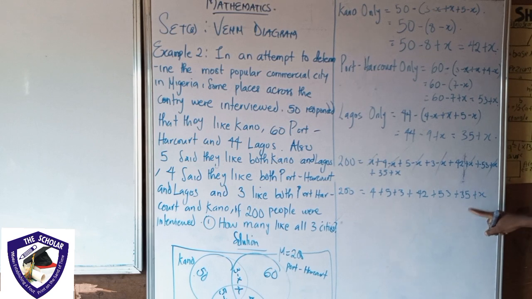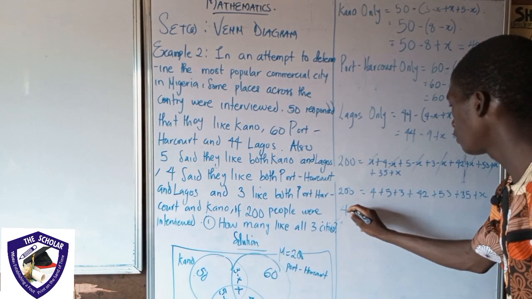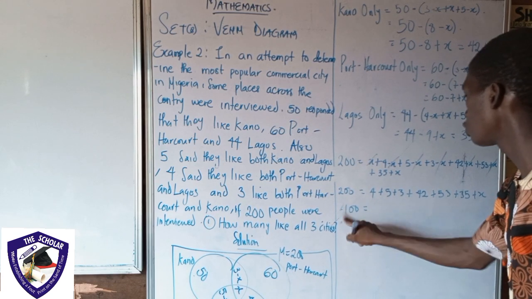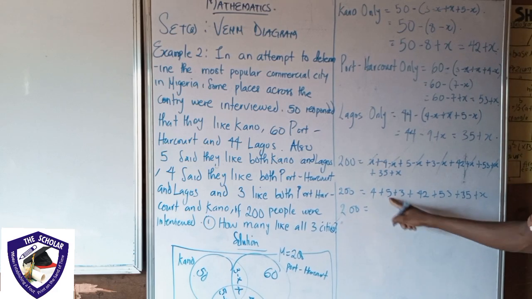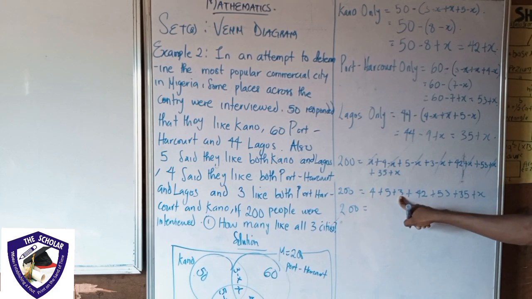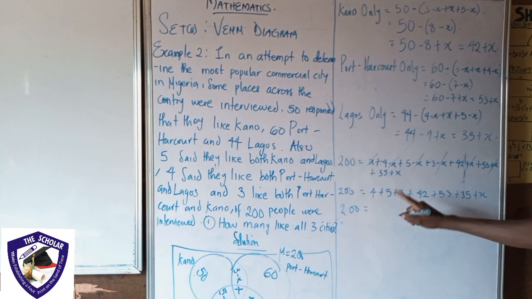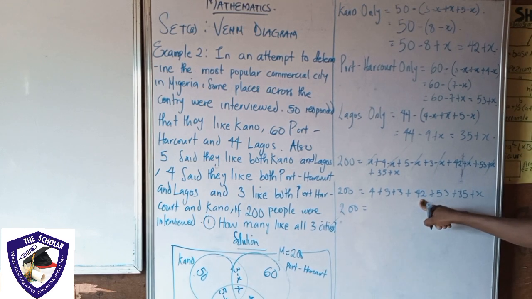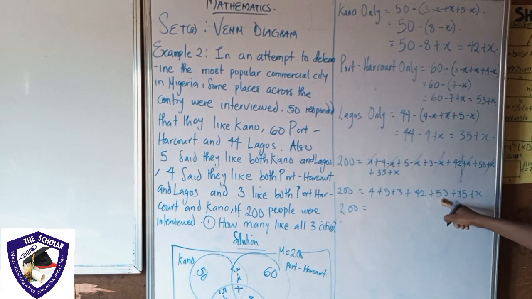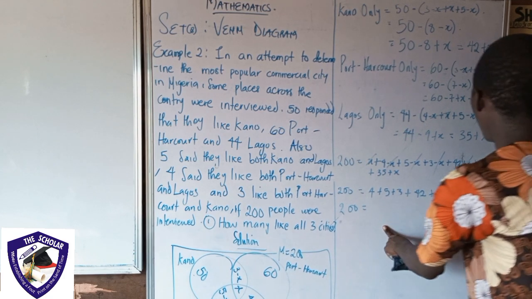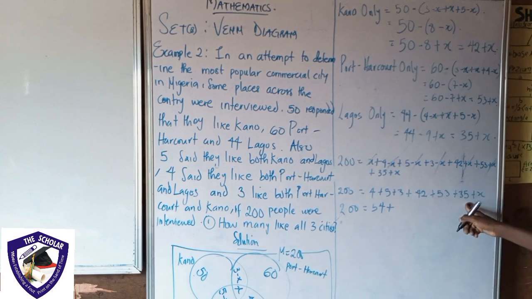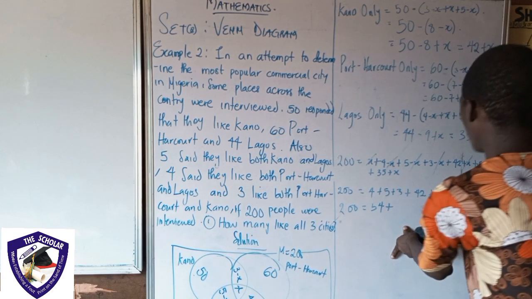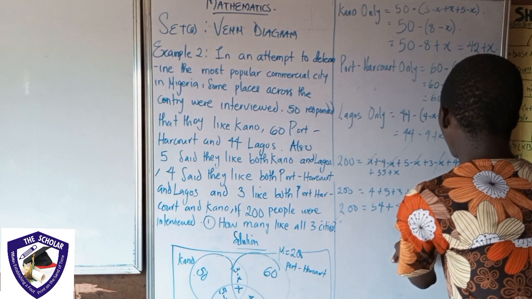So we add all this together. So you have 200 rather to be 4 plus 5, that is 9. This 12. This 54. Then we have our 54 plus 88 plus x.